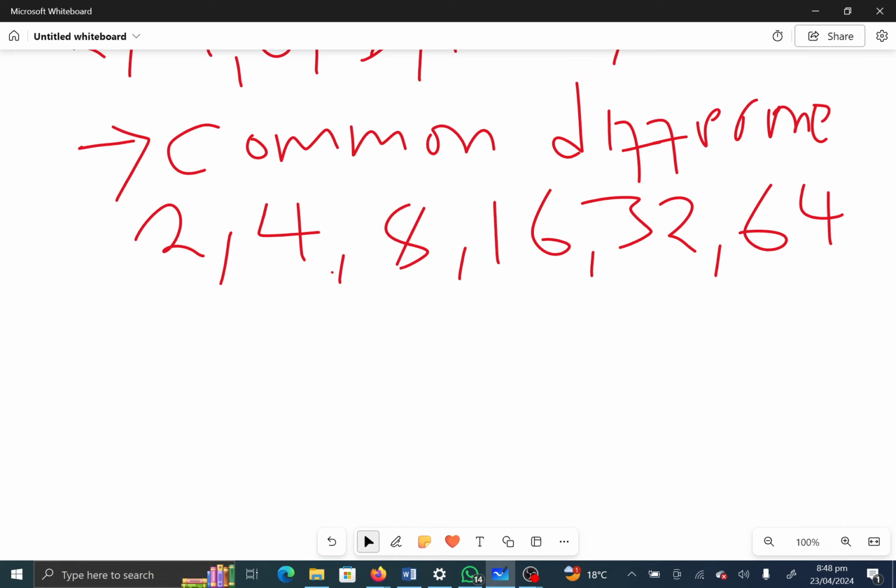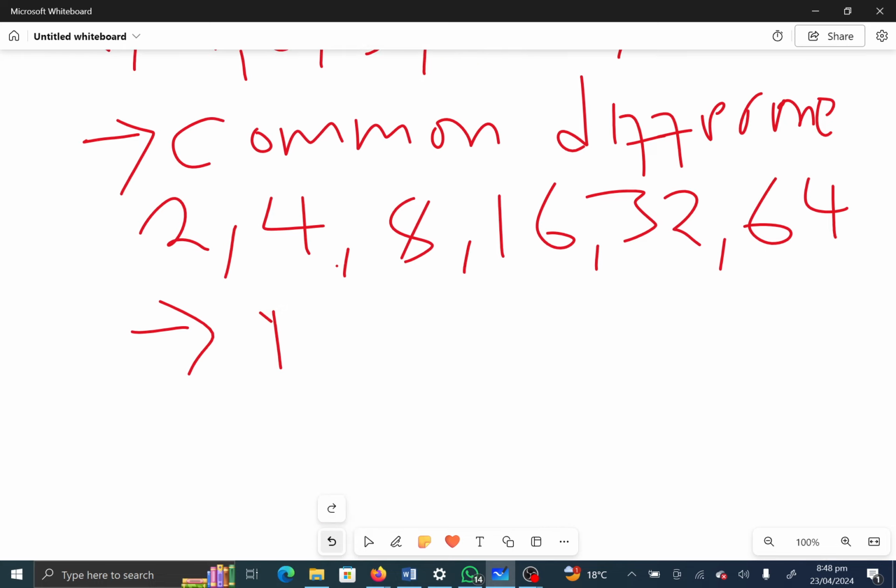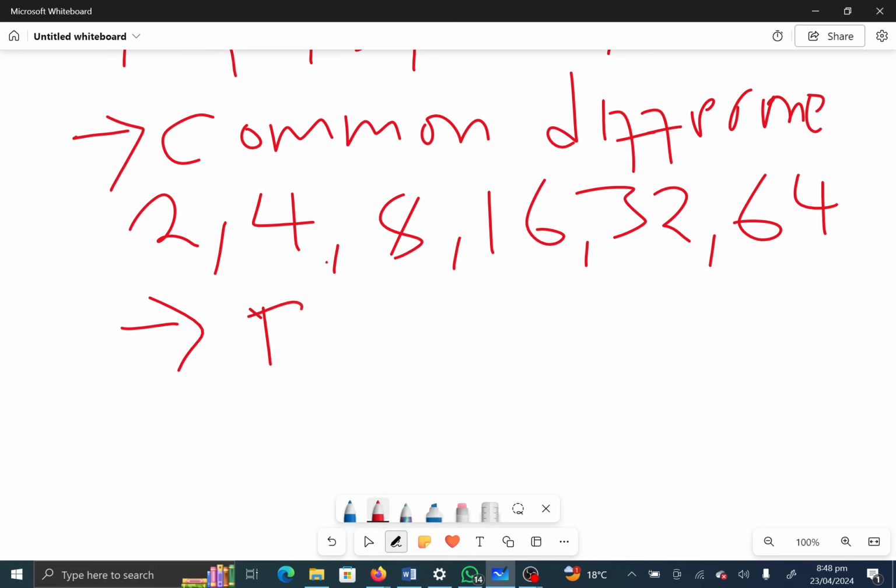In this progression, the difference in numbers is not the same. Since it's not the same, we call this the ratio, denoted by the letter R.